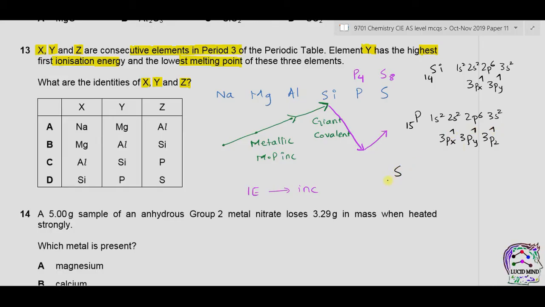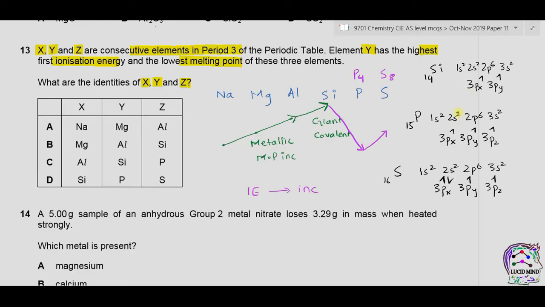Similarly, for sulfur, we can write the electronic configuration as 1s2, 2s2, 2p6, 3s2, and then in the 3p orbitals we have 4 electrons, in which 2 electrons are present in px, 1 in py, and 1 in pz.